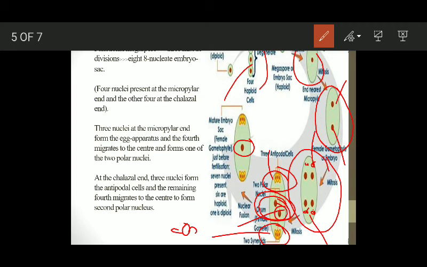That is why we say that the final organization of the female embryo sac is a 7-celled 8-nucleate structure. We have 7 cells, 3 here, 3 here, and 1 in the middle, and this middle cell contains 2 nuclei.